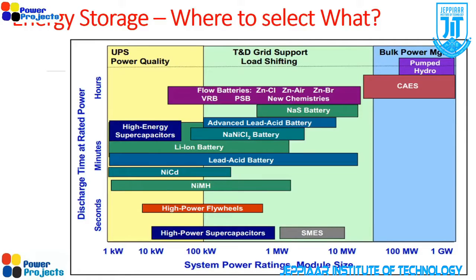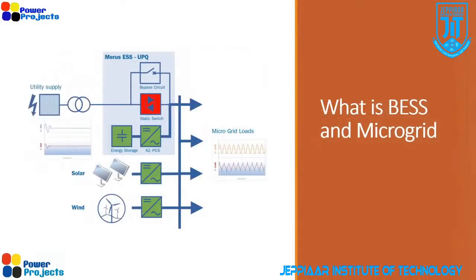That means they have to match each other. Previously the load was the only thing continuously changing or fluctuating, but because of the introduction of wind and solar, which are intermittent resources, the source also becomes intermittent in nature. Then probably this energy storage becomes mandatory to balance the generation and demand gap, right?